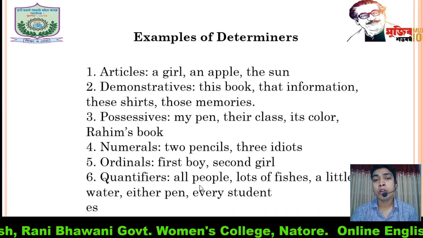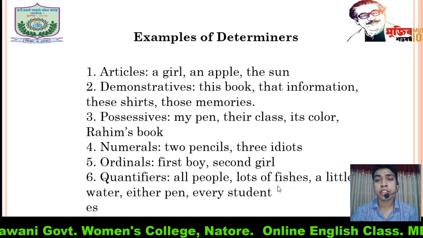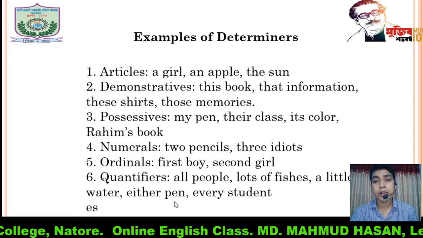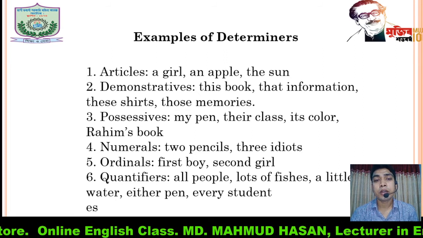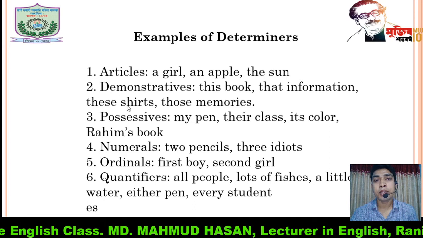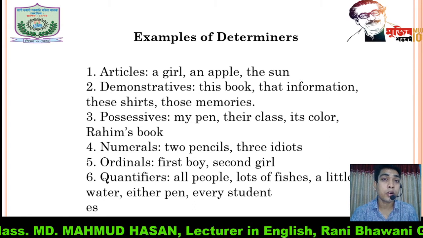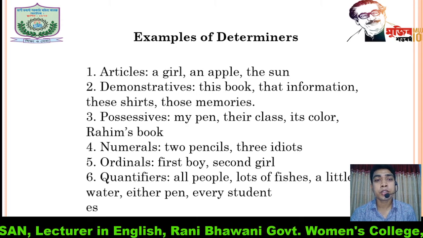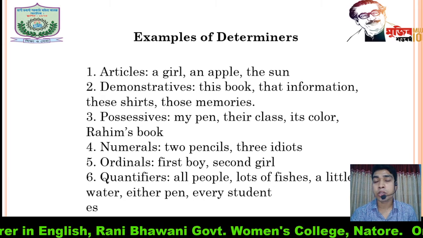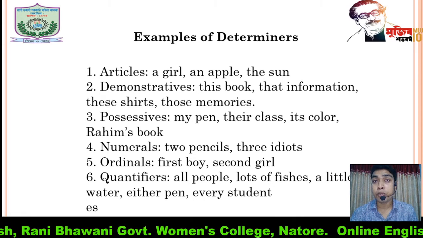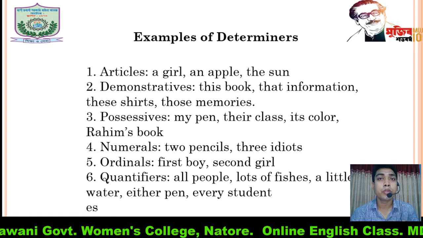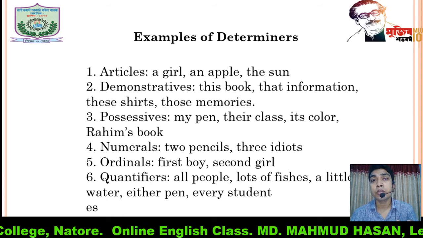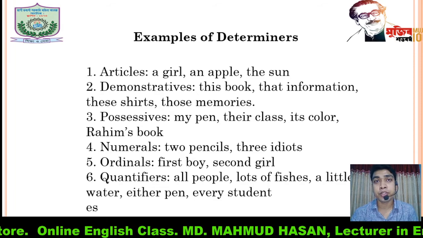Quantifiers: all people, lots of fishes, a little water, either pen, every student, etc. These are all determiners and these are part of the pre-modifier, because all these articles, demonstratives, possessives, numerals, ordinals and quantifiers are placed before a noun to add additional information, to show what noun has been referred to.